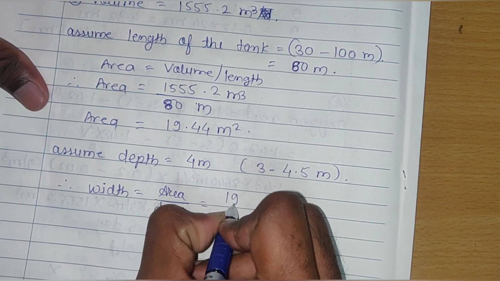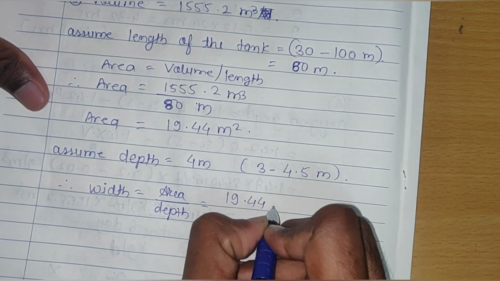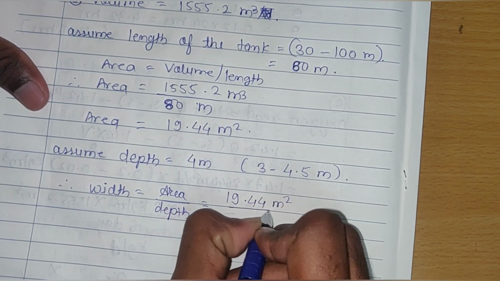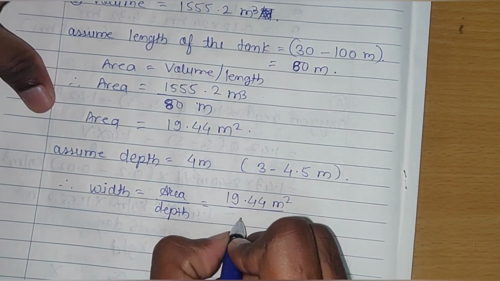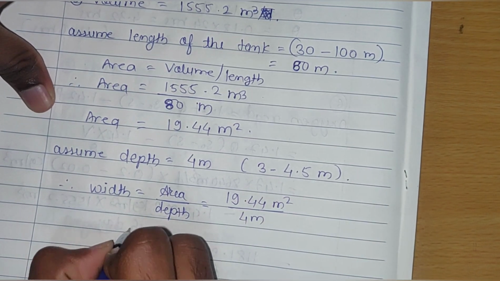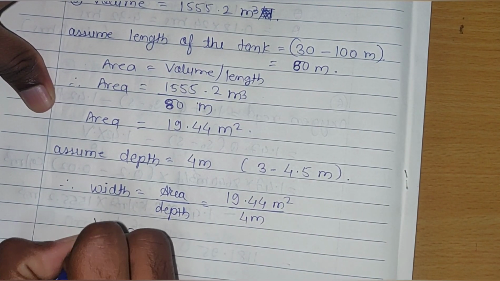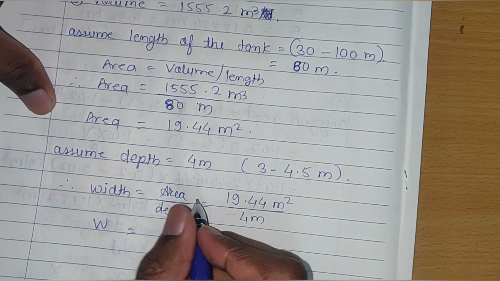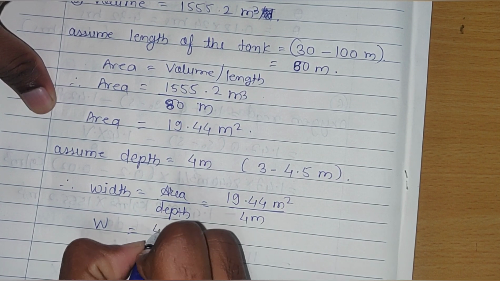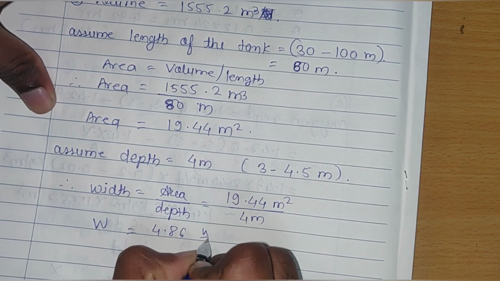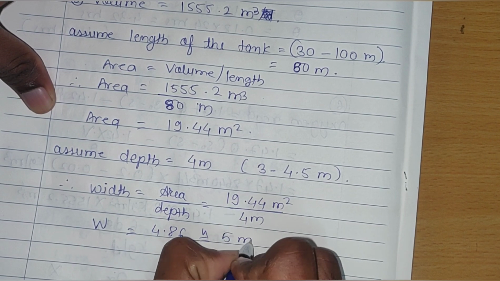Area is 19.44 meter square, divided by depth 4 meter, therefore width is equal to 4.86, round it up as 5 meter.